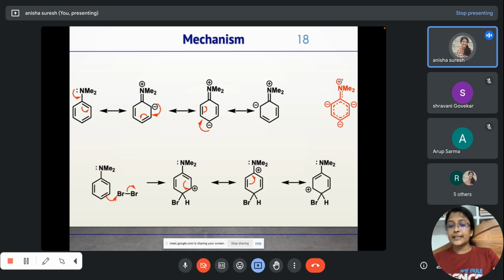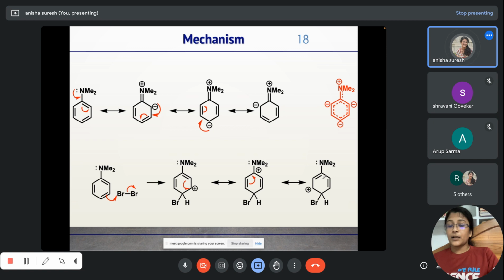So if we are considering simply the alkene double bond going and attacking, it will be as follows. It can go and attack, so a positive charge will be generating at this position. Then this double bond can migrate here, neutralizing the positive charge, so a positive charge will be generating here. Then this double bond can migrate and a positive charge will be generating here, but in this case the lone pair on the nitrogen is not involved.